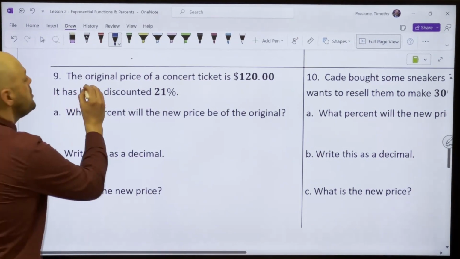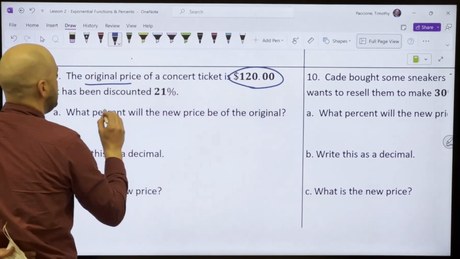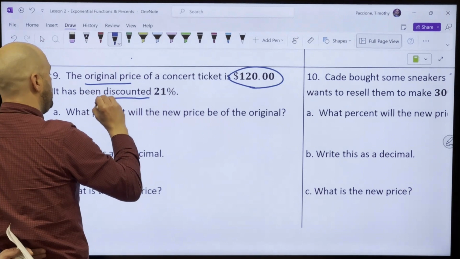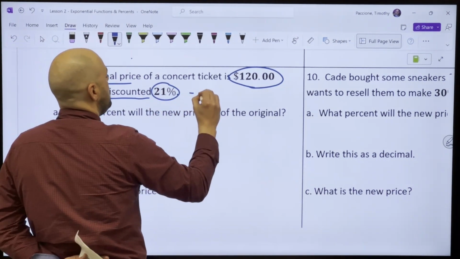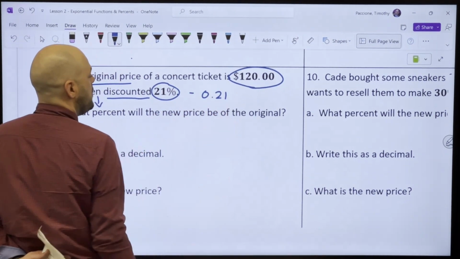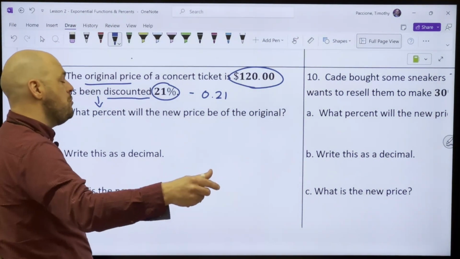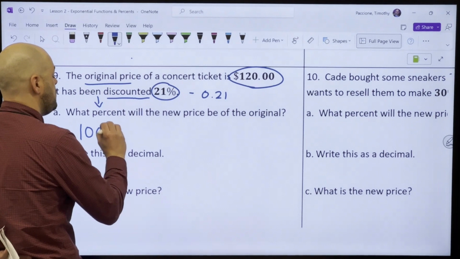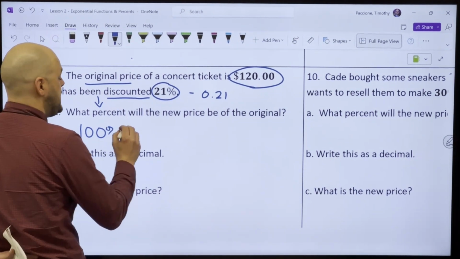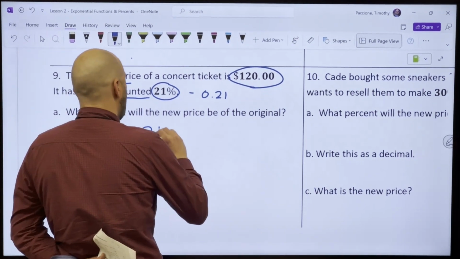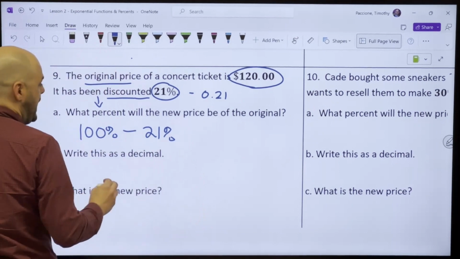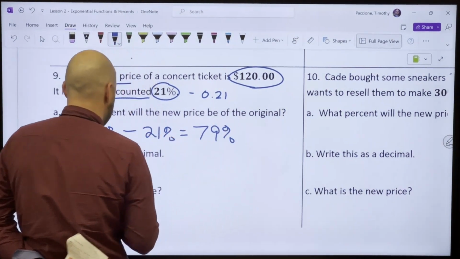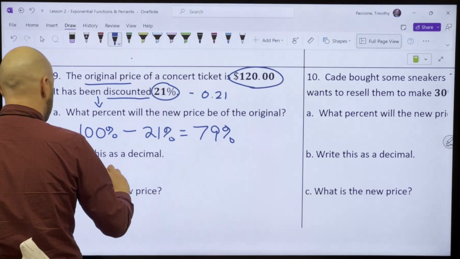All right, original price of a concert ticket is $120. It gets discounted, which means down 21%. That's 0.21. What percent of the original will the new price be? Well, 100%, but it's going down, so we subtract 21%, so we get 79%, which as a decimal is 0.79.